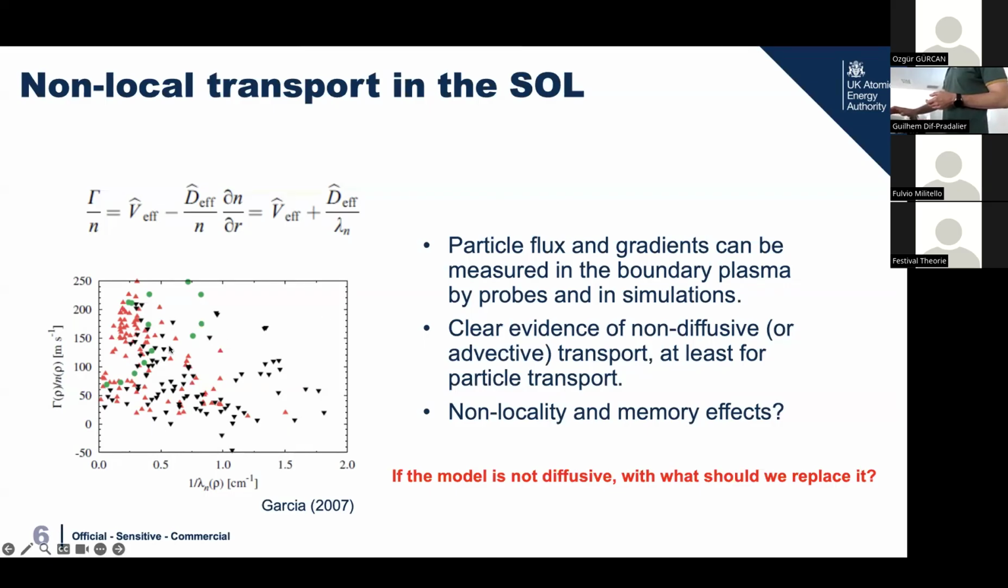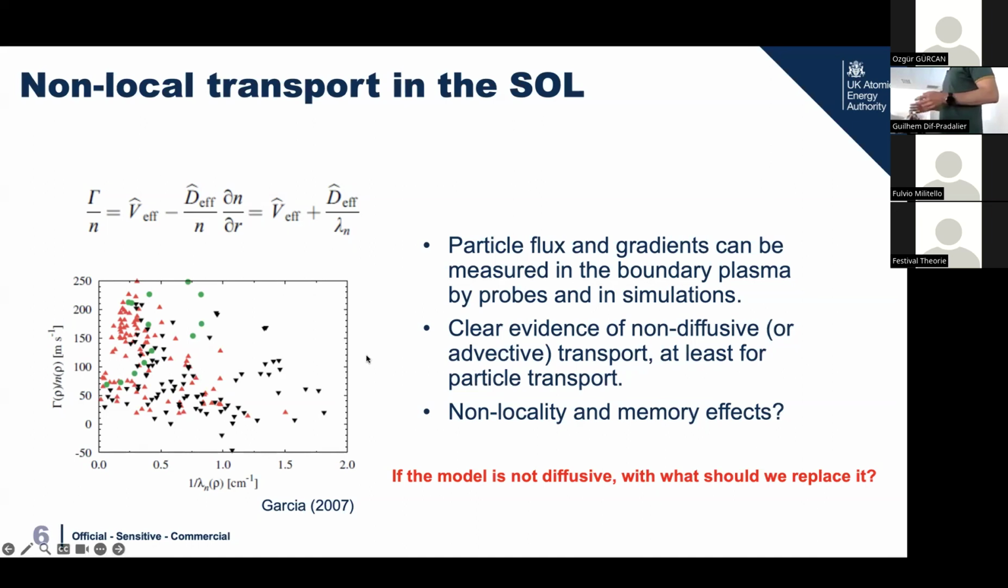These are experimental data. I will not tell exactly how we calculated these objects, but it's pretty straightforward, and you can see it here. But if you had a local advective diffusive behavior in the boundary region of the plasma, you would see here a straight line. This is a scatter plot. It's really not a straight line. These are experimental data, and what this suggests is that the behavior of the plasma turbulence is non-local.